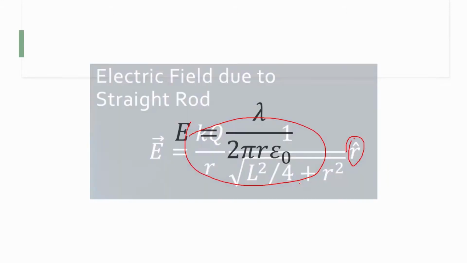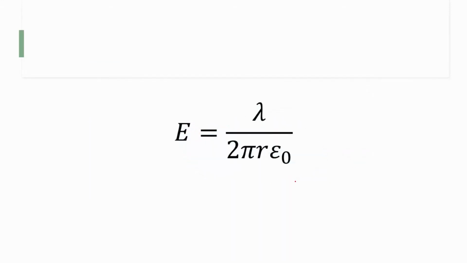Then next, baka lumabas tong tanong na to. Ano daw yung formula of an electric field if yung straight rod mo ay may length na infinity. So, sobrang haba niya. So, ang sagot is lambda over 2 pi r epsilon sub 0. May proof yan, so nandun naman yung proof mamaya, pero basically yan yung sagot.